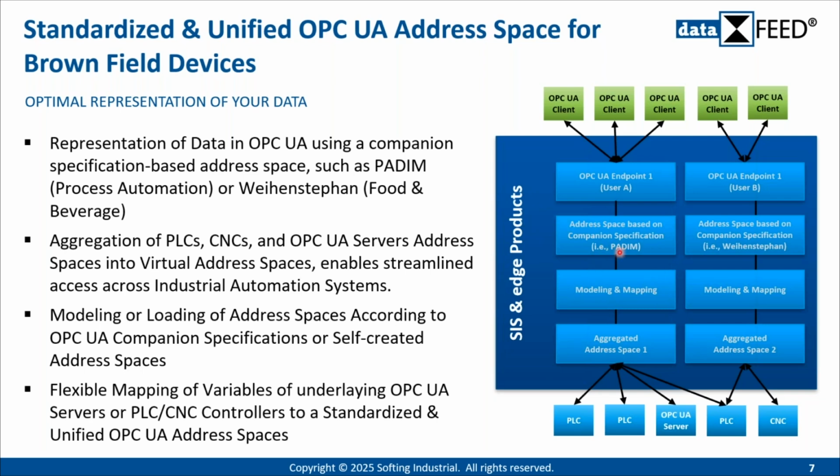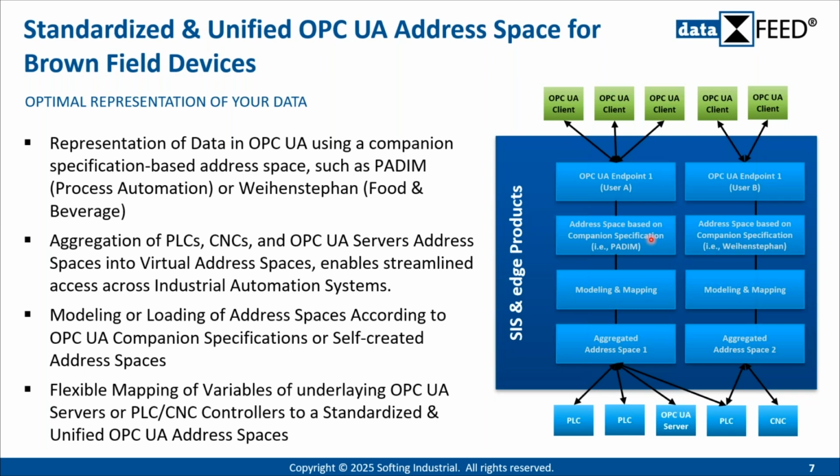And then we provide to the UA application, first of all, a single point. It is possible to have a single point. In some cases it's needed to have multiple points, but we can provide it with a single point. So we have the unified namespace functionality provided as a single point. We provide it via an address space with the OPC UA vault, and last but not least, via a standardized address space, because we are able to load these companion specifications, model an address space out of it, and then map the data from the underlying servers.